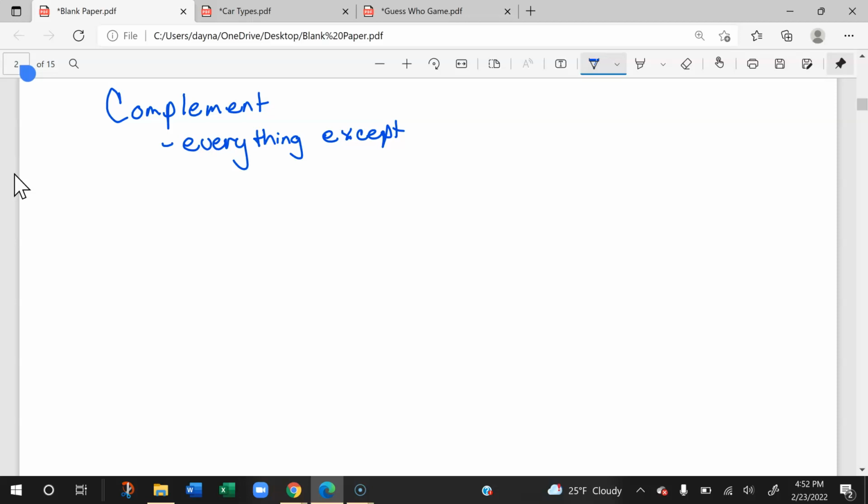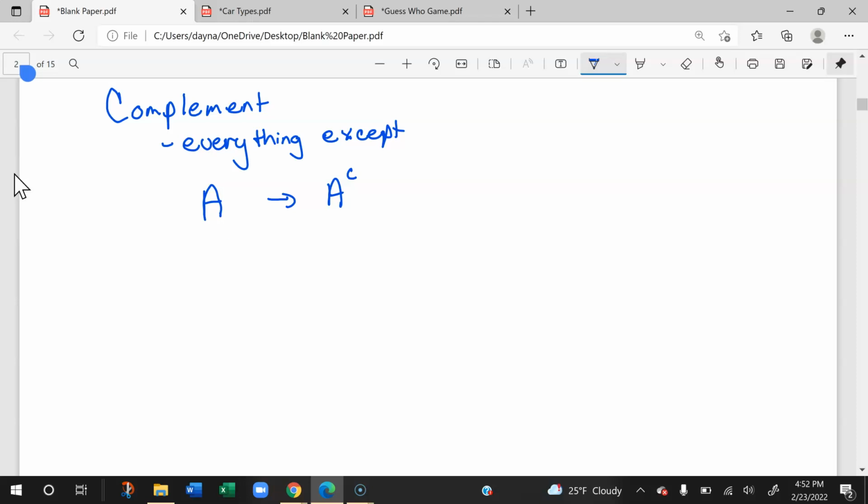Let's first look at the notation for complement. If we have event A, the complement of event A is A with a C in the exponent area. This is a complement, okay?